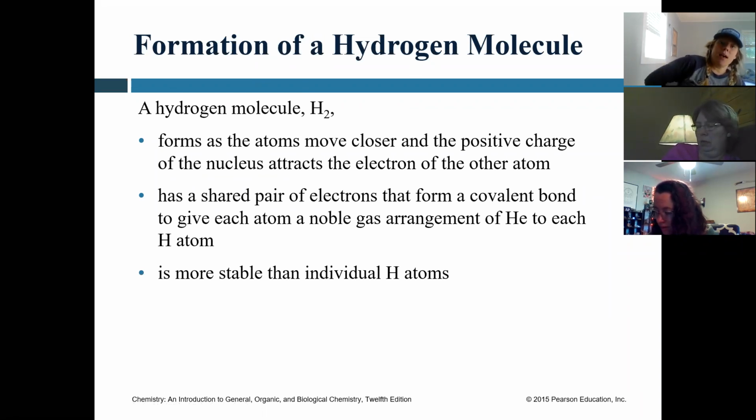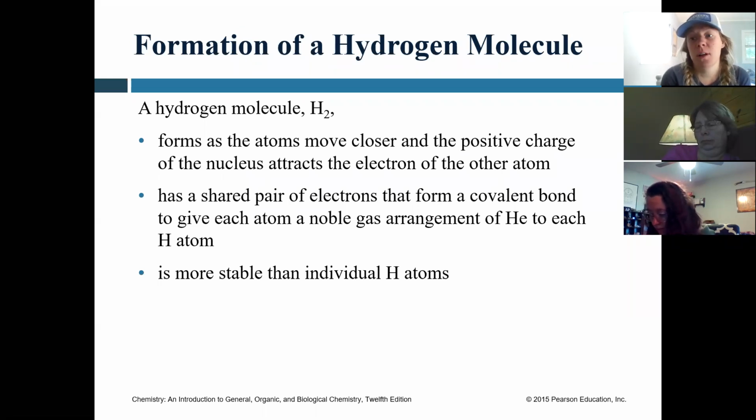This is known as a diatomic molecule. There are certain elements out there that, when they're by themselves, would rather partner with a buddy than exist as a sole atom. Hydrogen is one of those. Hydrogen would rather pair with another hydrogen than exist as hydrogen on its own.